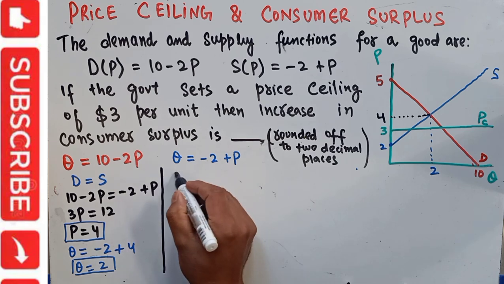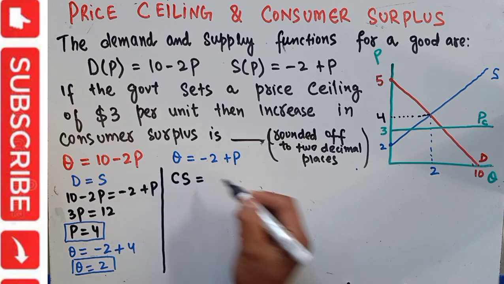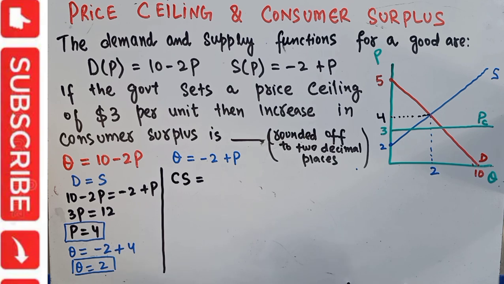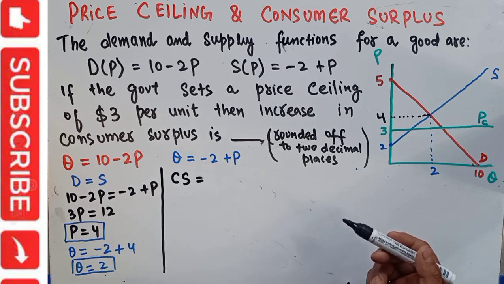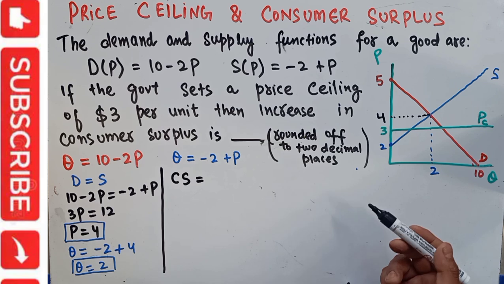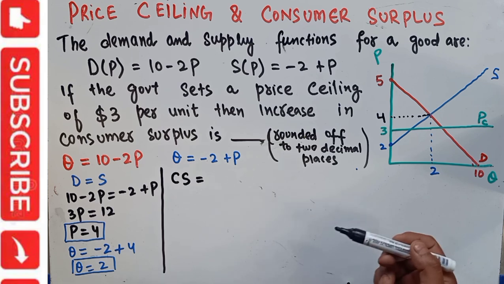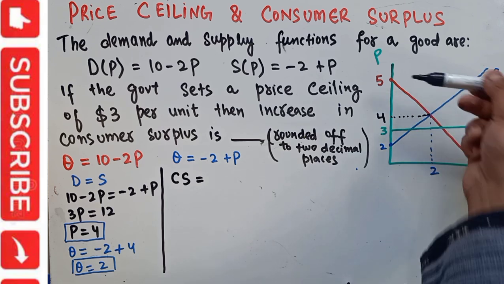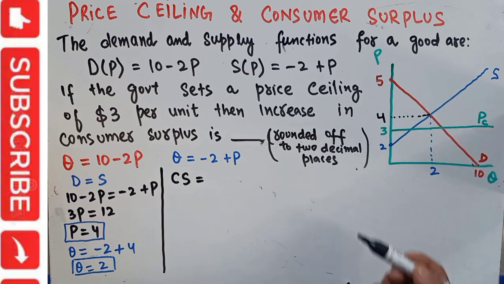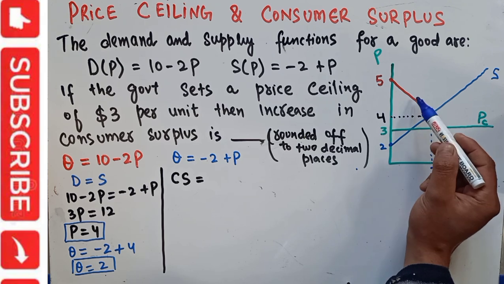Consumer surplus is simply the difference between the price that a consumer is willing to offer for a product and the price he actually pays for the product. It is the area above the equilibrium price and below the demand curve. So this is our equilibrium price, this is the demand curve.